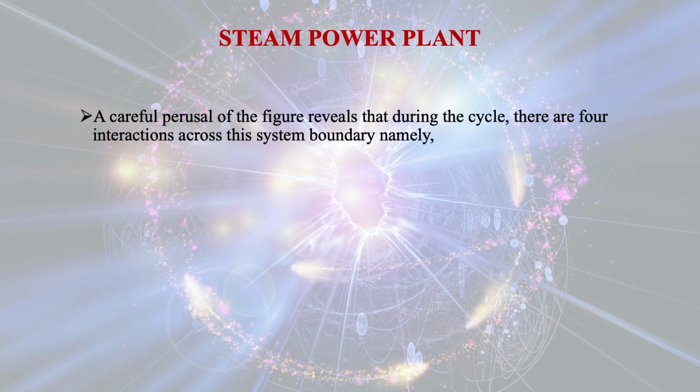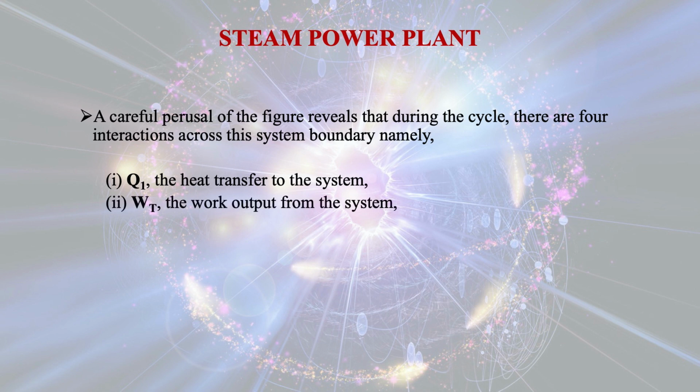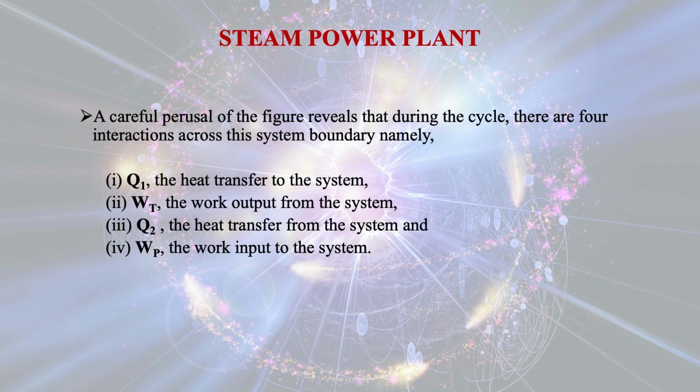A careful perusal of the figure reveals that during the cycle there are four interactions across the system boundary, namely: one, Q1, the heat transfer to the system; two, WT, the work output from the system; three, Q2, the heat transfer from the system; and four, WP, the work input to the system.